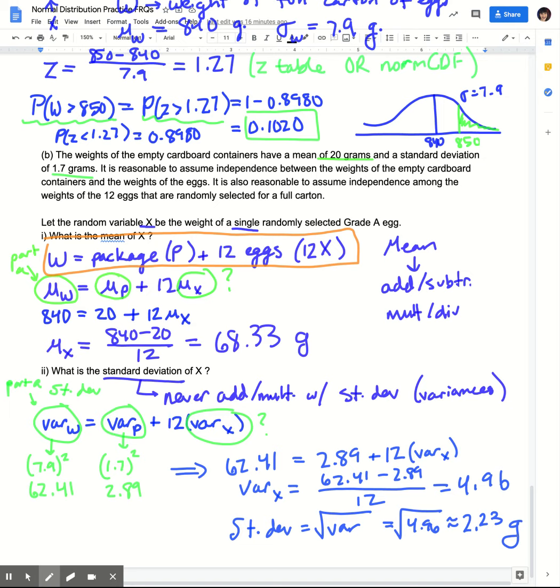With mean, you can just plug the means that you know into our lovely equation for the weight of a full carton. But because we're combining different variables, you can't do that with standard deviations, but you can do it with variances. So you had to take the standard deviations and square them first to figure out what the variances were. Then you could plug them into the equation, because variances you can manipulate, standard deviations you can't. Then once you know the variance, you take the square root of it to figure out what the standard deviation is.